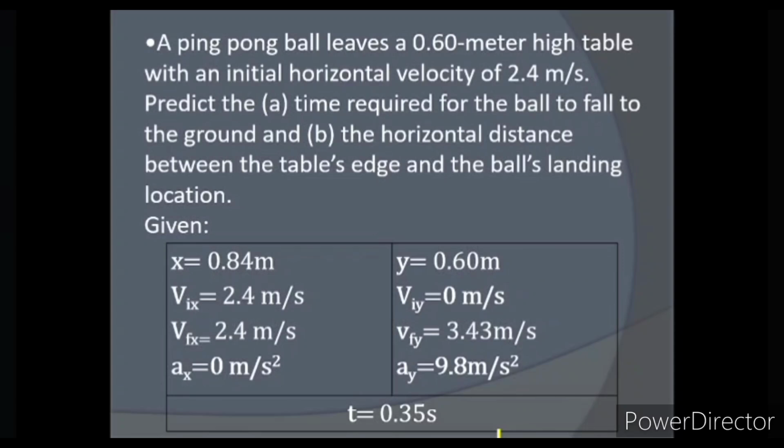And B, the horizontal distance between the table edges and the ball landing location. So, nahanap na rin kung saan yung location natin nung bumaba yung bola natin. So, ang unang hinahanap is the time. Next is the distance. And the next one would be the landing location.